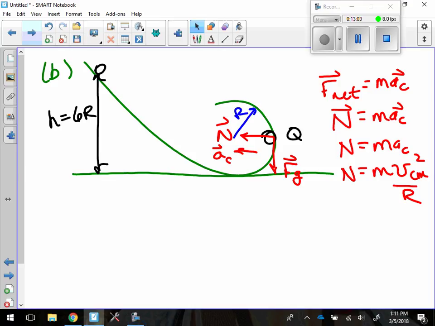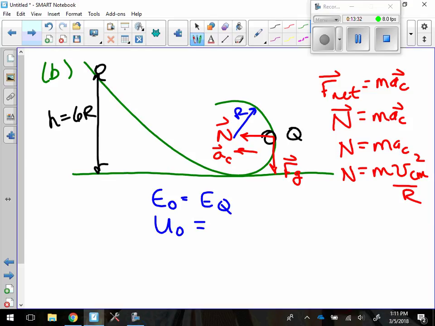Yeah, we could do conservation of energy again, and say that the energy at O is going to be equal to the energy at Q. So we're going to have potential energy up at the original point.